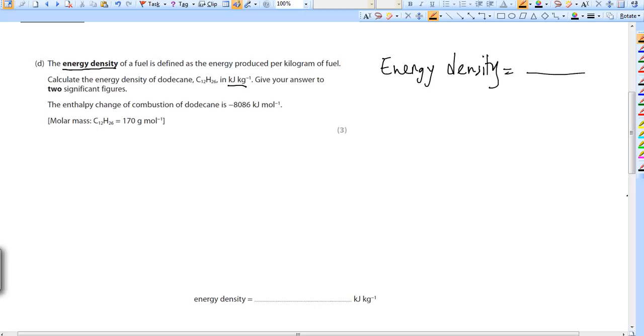This is valuable information given in the question, and to solve it we need to use this piece of information. The unit given here is kilojoule per kg. So we can deduce that energy density is equal to kilojoule divided by kg.